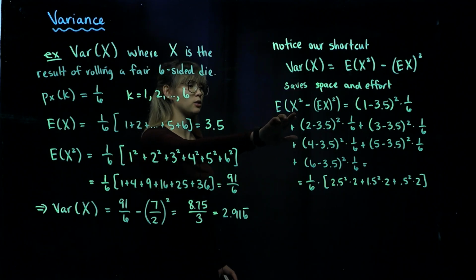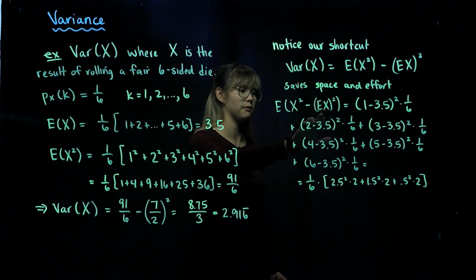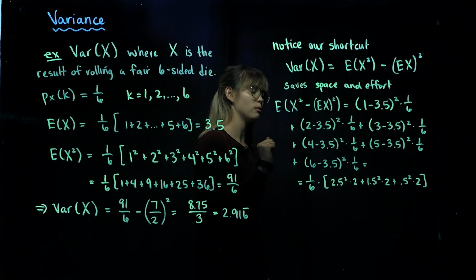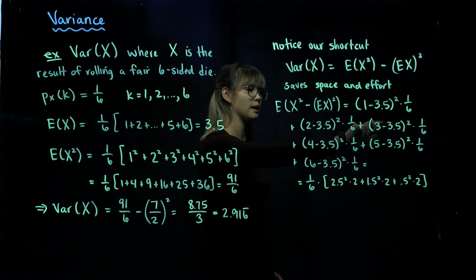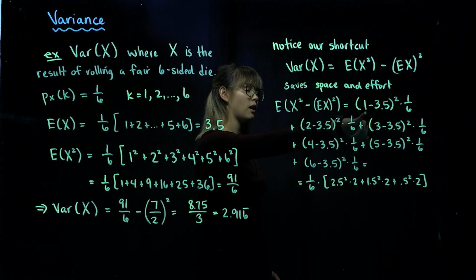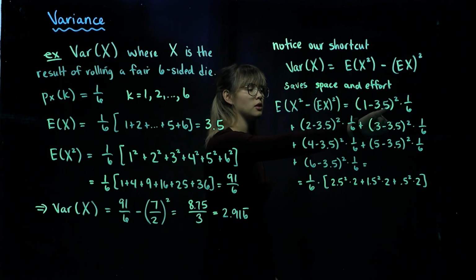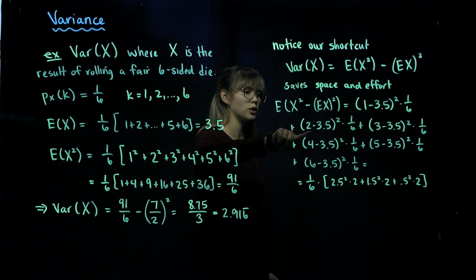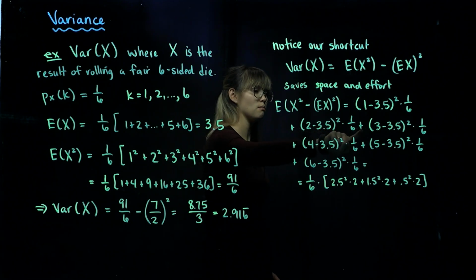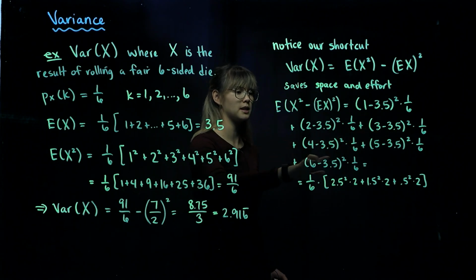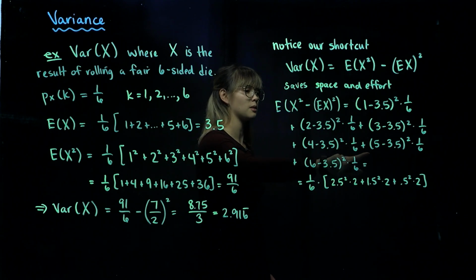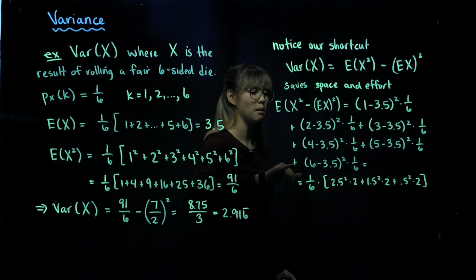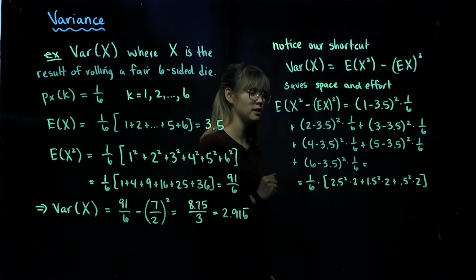So we're going to have 1/6 times, we know that our die can return a 1, so we could have 1 minus the mean squared, and then the square of 2 minus the mean divided by 6 again, plus 3 minus the mean squared times 1/6, plus 4 minus the mean squared divided by 6, plus 5 minus the mean squared divided by 6, plus 6 minus the mean squared divided by 6.